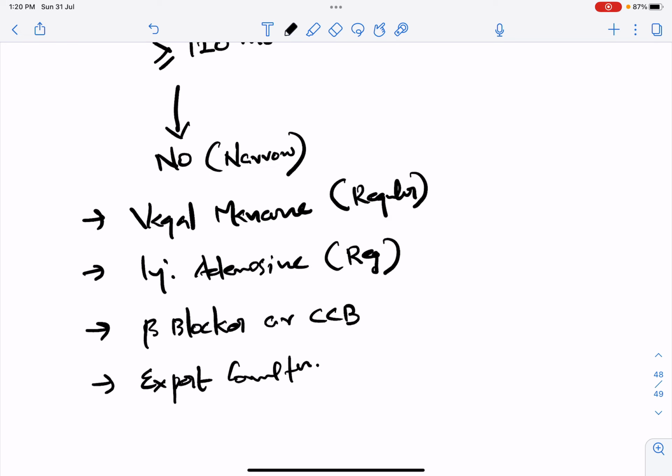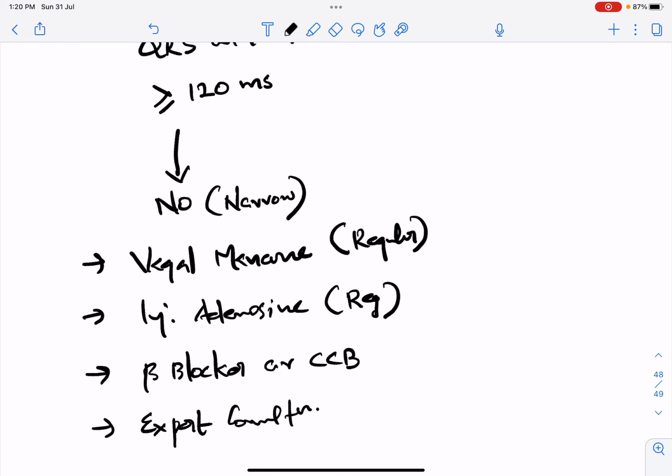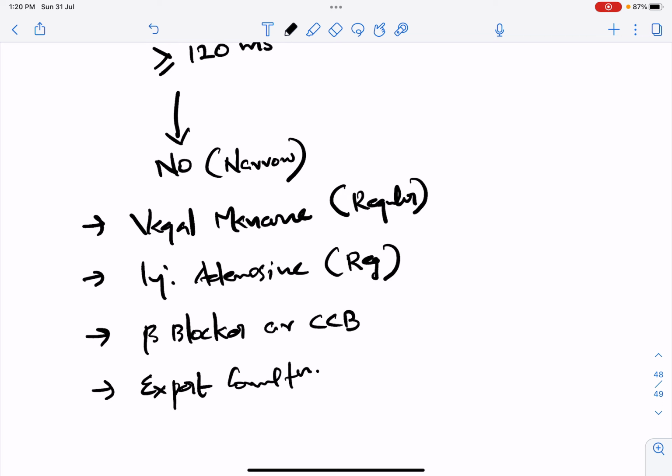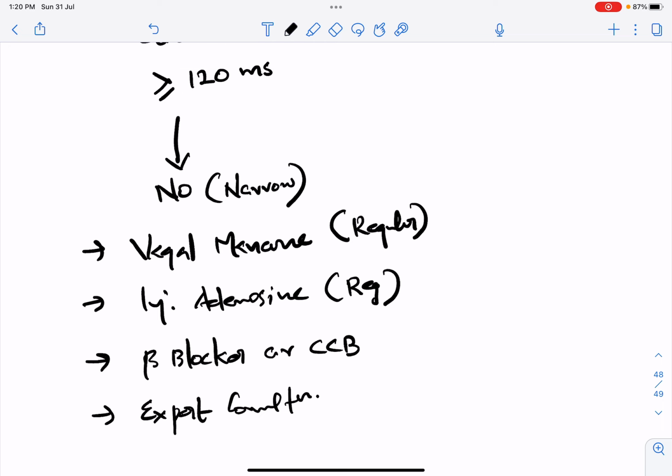So this is how you manage a stable patient with narrow QRS complex tachyarrhythmia. If it is regular, that is SVT, you can do vagal maneuver or injection adenosine. If it is irregular, you can give beta blocker or calcium channel blocker and take an expert consultation in all cases of narrow tachy.